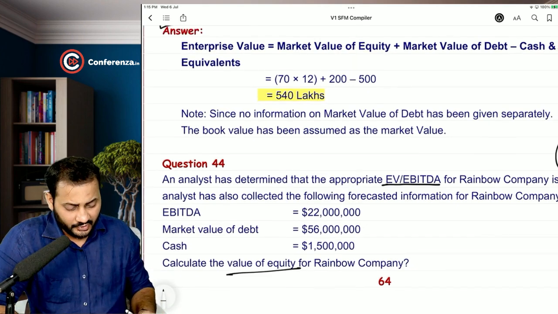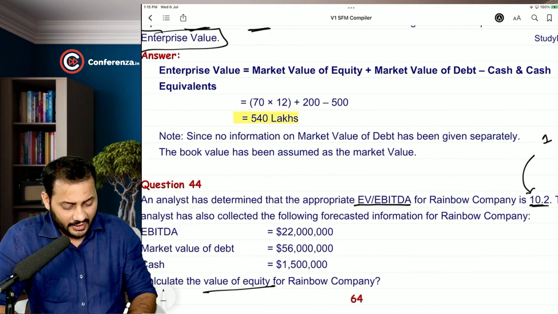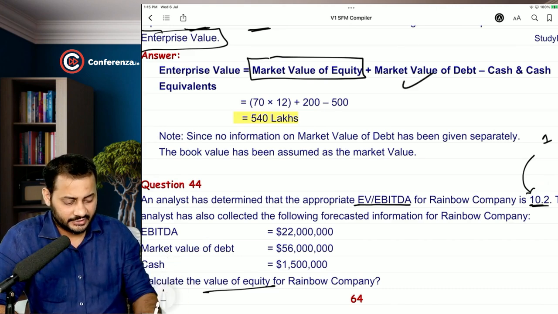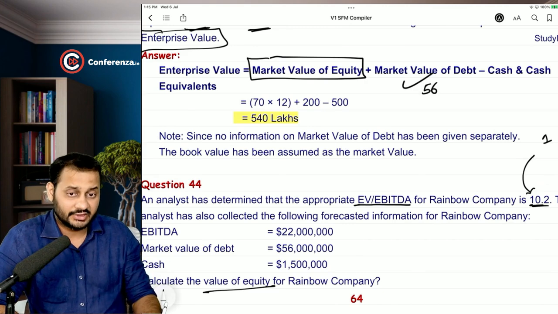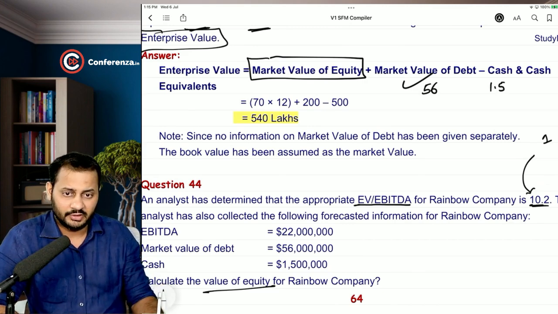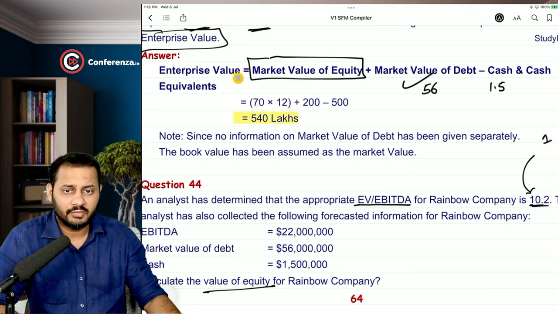See, if you look at the formula of enterprise value, they have asked you to calculate this figure. And they have given you market value of the debt, which is 56 million. Cash is also given to you, that is 1.5 million. The only thing that you need in order to calculate market value of equity is the enterprise value.